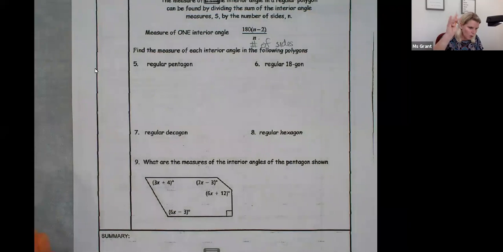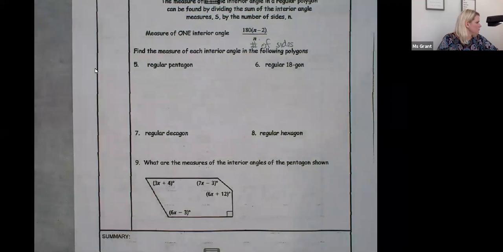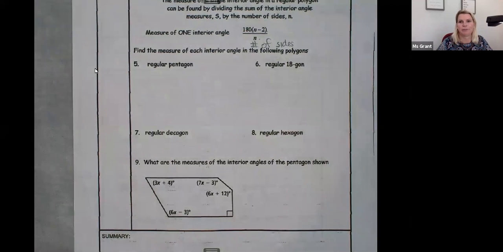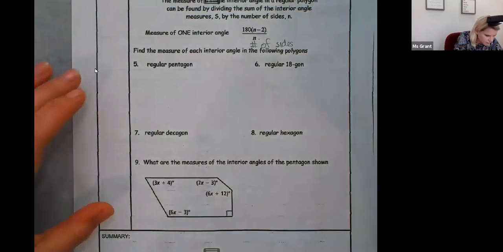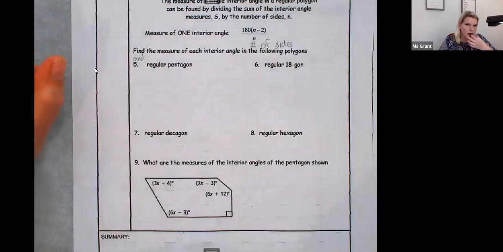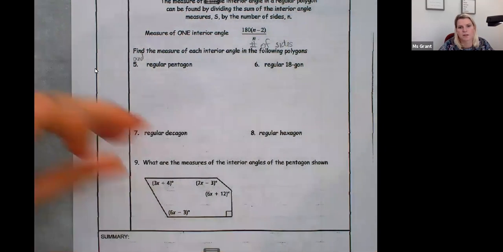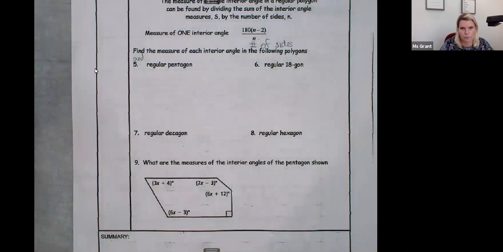So I'm going to need 4 more people to do this one. Help me out. Andrea, you can do 5. Number 6. Someone. It has 18 sides. I can do the next one. You want to do number 7?